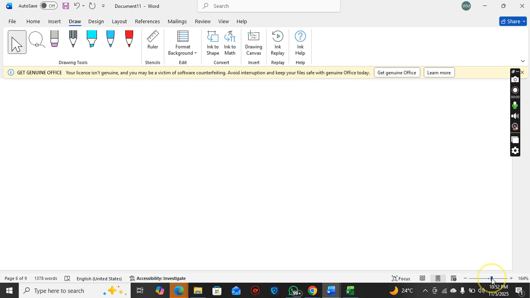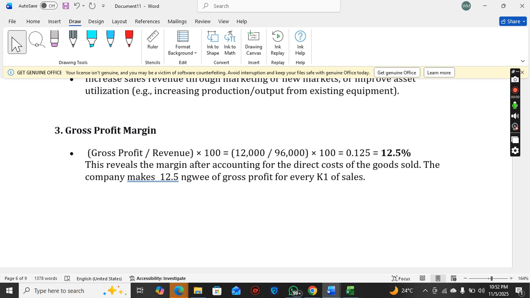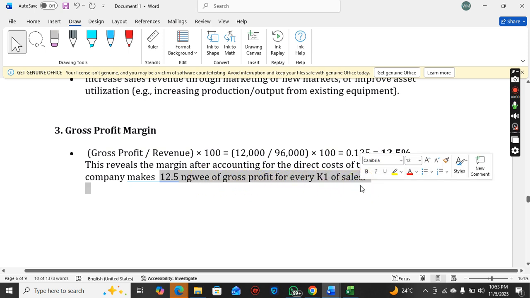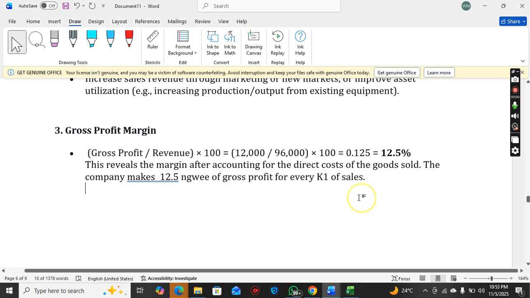So basically, out of this 96,000 kwacha sales revenue, 12.5% is gross profit. Another way you can look at it, the company makes 12.5 ngwe of gross profit for every 1 kwacha of sales, or maybe let's say 13 ngwe to make life easy. For every 1 kwacha you make in sales, 13 ngwe is your gross profit.